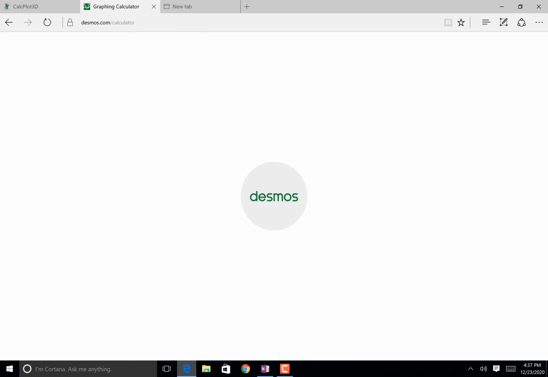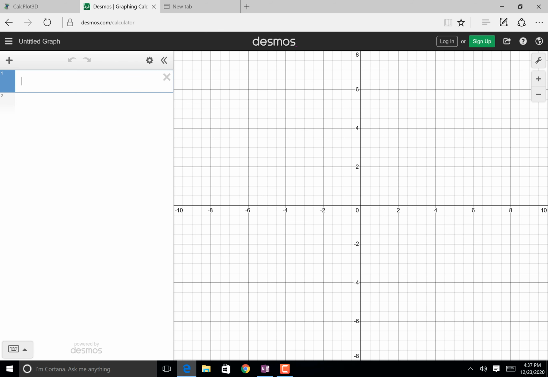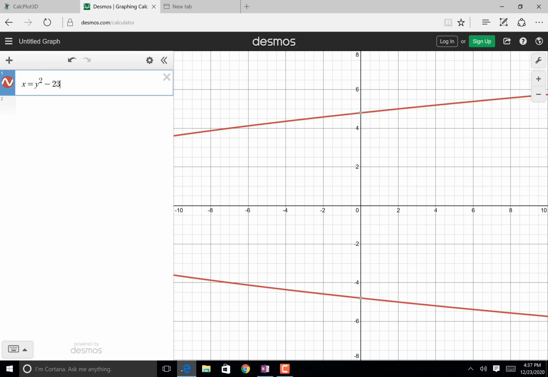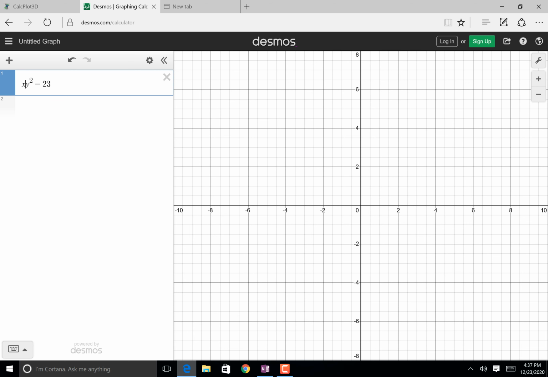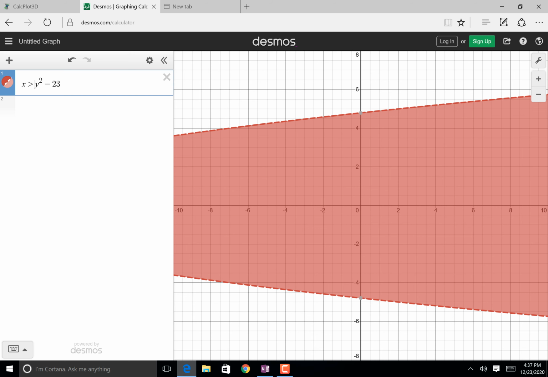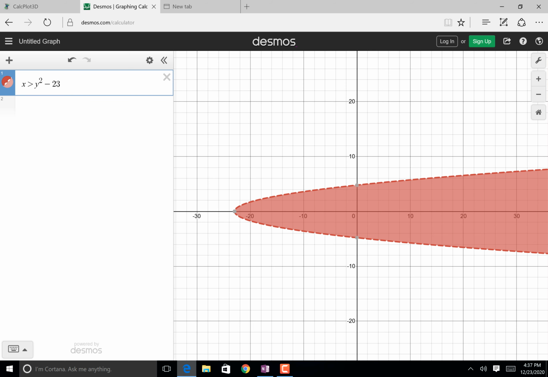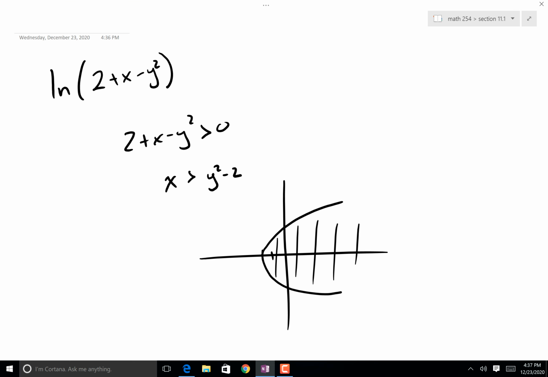Now you're like, oh, that's x equals. I know, it wasn't supposed to be equal, it's supposed to be greater than. So everywhere in that red region would be our domain.